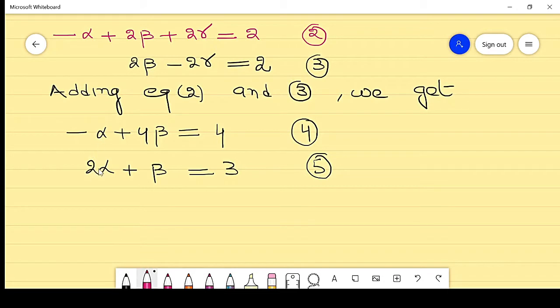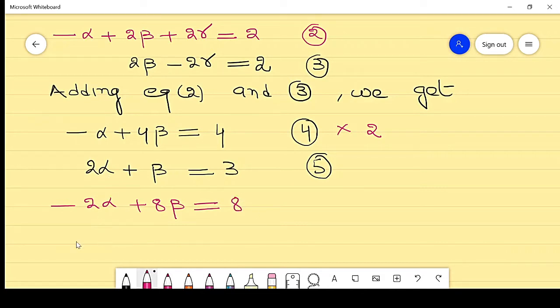Now to eliminate alpha, we multiply equation 4 with 2. So I get minus 2 alpha plus 8 beta, which is equal to 8.